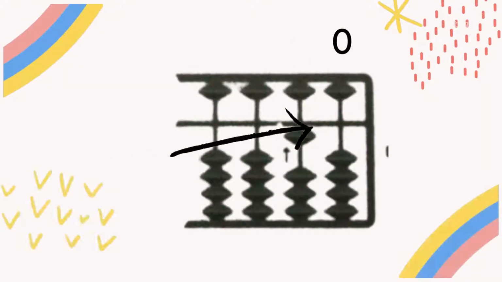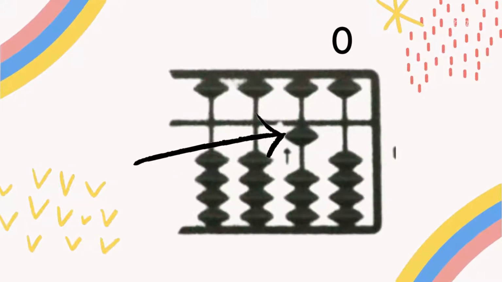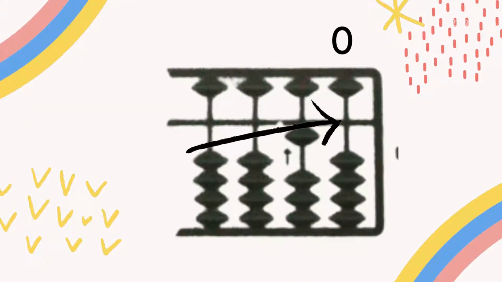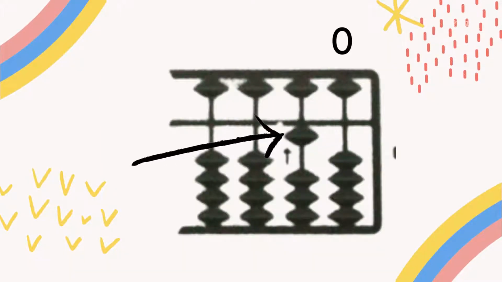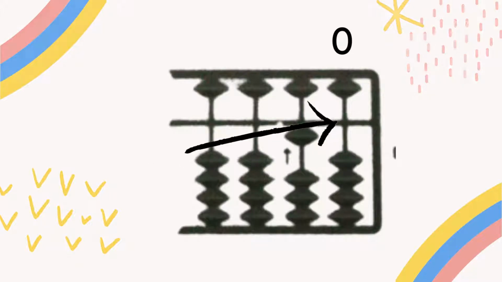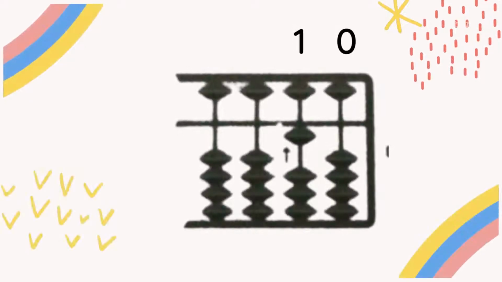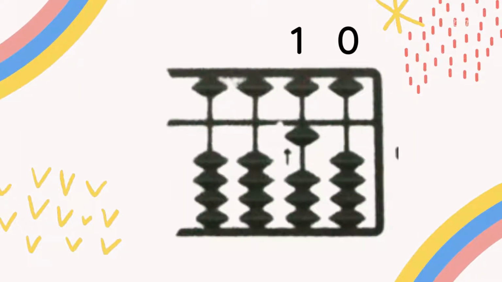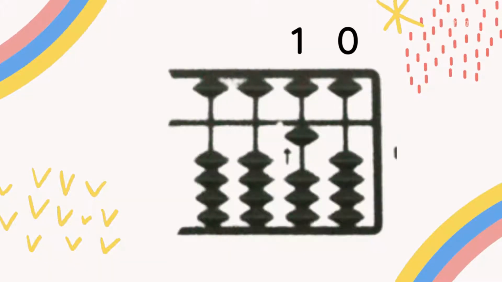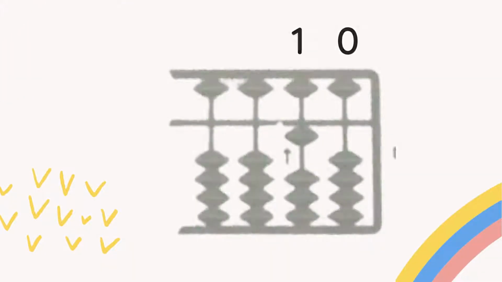Now, from left we move to the right. We have no beads in the middle, so this indicates the place value is 0. Now we have 1 and 0, which is equal to 10.